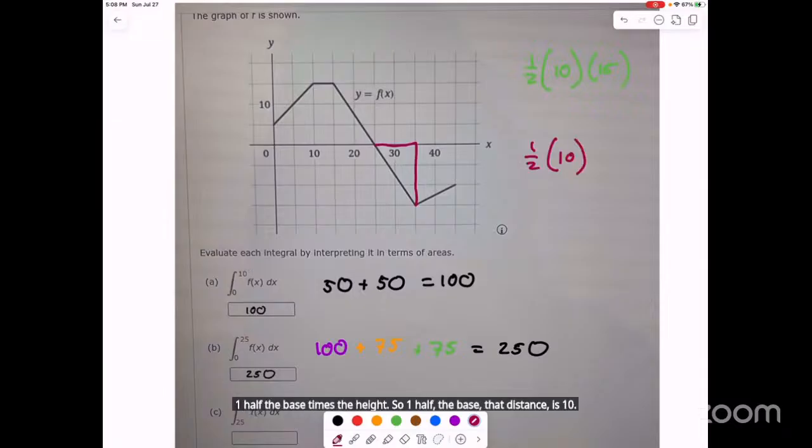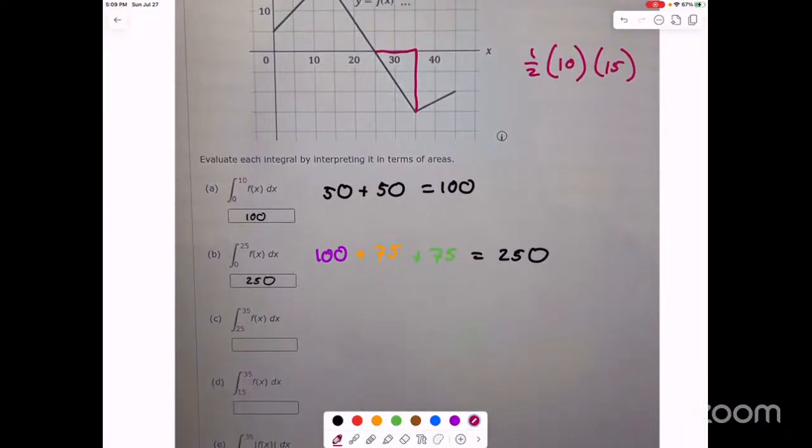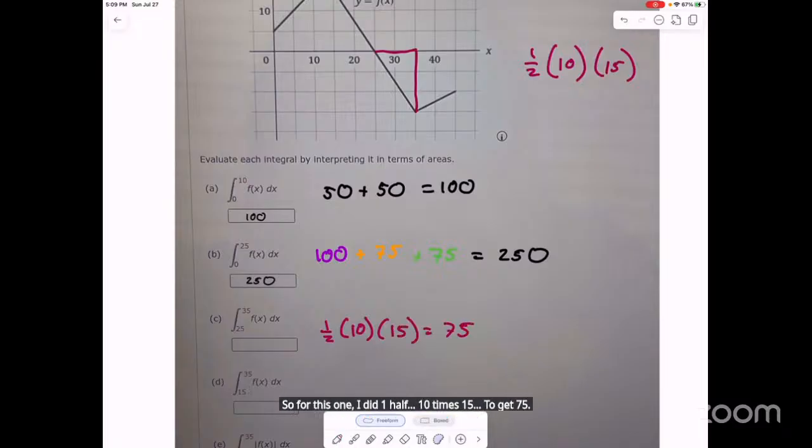That height, 5, 10 is 15. So 5 times 15, 75. So for this one I did 1/2 times 10 times 15 to get 75 square units, okay?